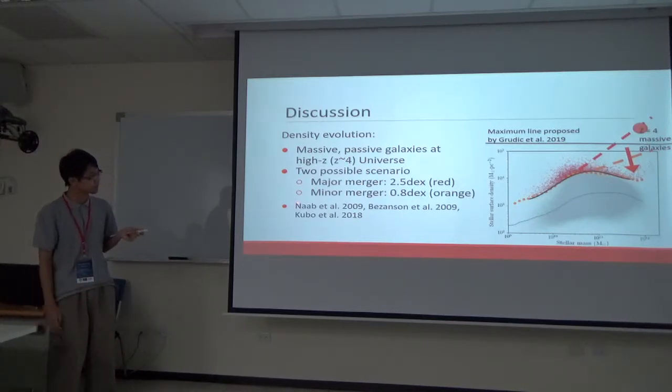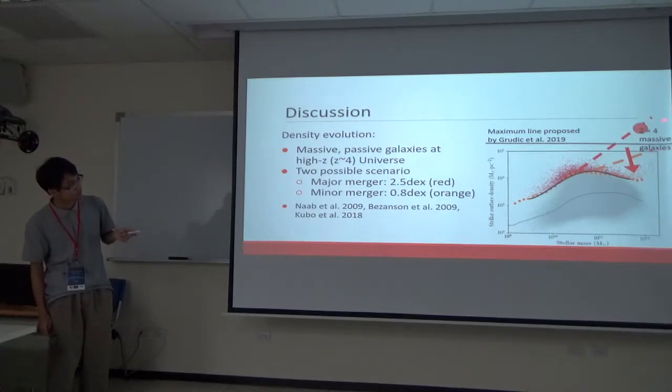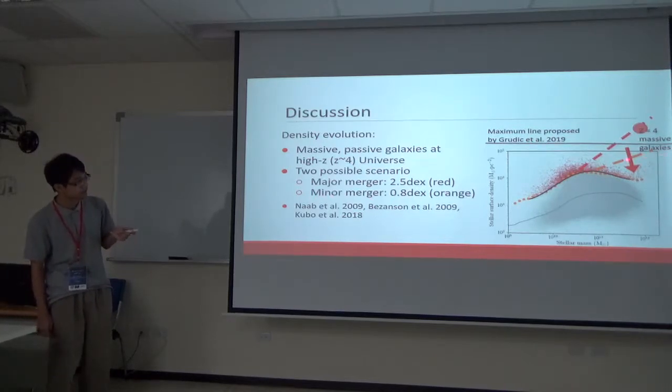So if you apply the major merger, the galaxy at redshift equals 4 will be there, and it will go down. If you apply minor merger, it will be here.